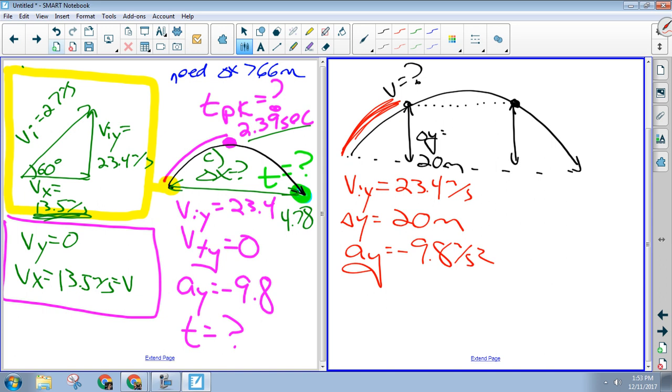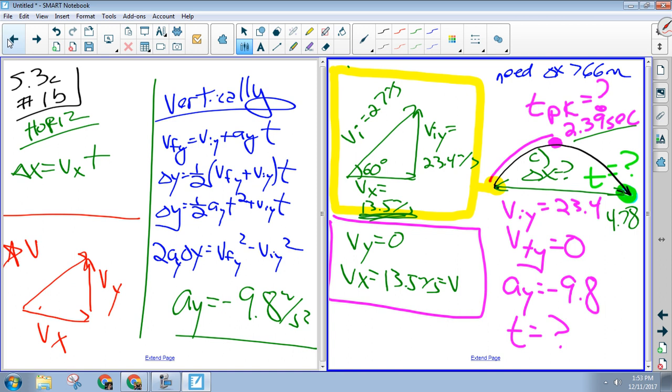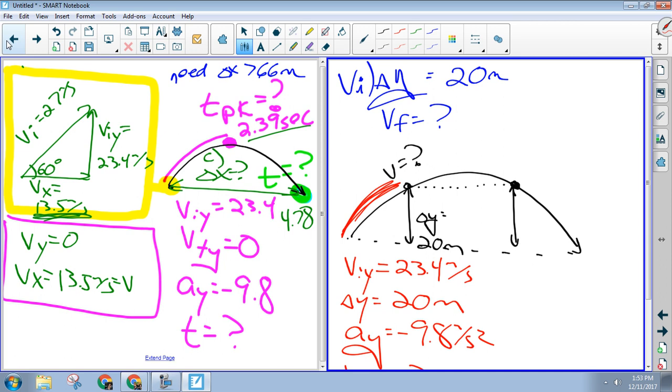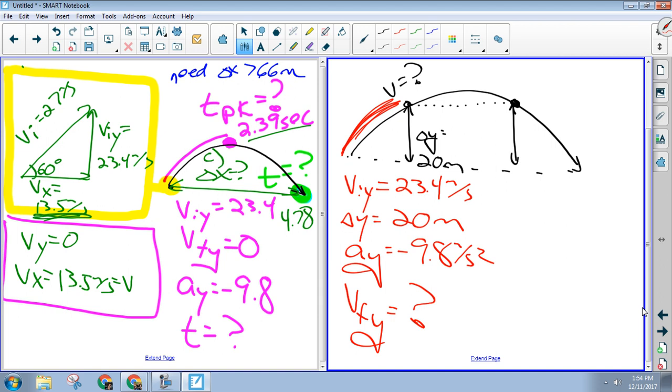So if I can somehow find my y component, then I'm in good shape. Does that train of thought make sense? Find the y component at that instant, and then I can just do Pythagorean theorem again, just like I did right here. Does anybody see an equation I can use with these four variables to find VFY?